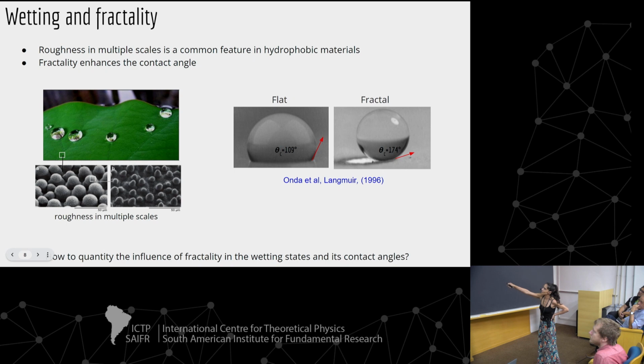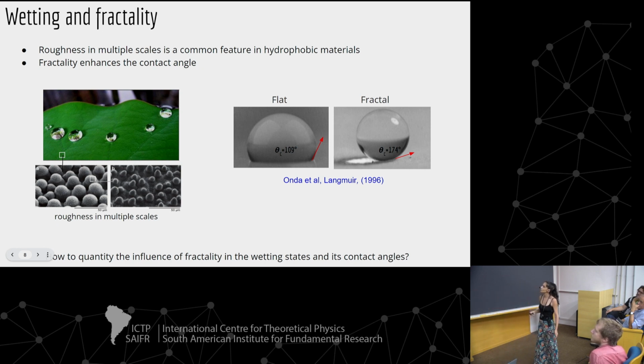What I'm showing here is a droplet on a flat surface, and you see that the contact angle is around 100 degrees. However, when they take the same surface chemistry and are able to make a fractal surface, the contact angle increases by a great factor, meaning that fractality is very important for hydrophobicity.